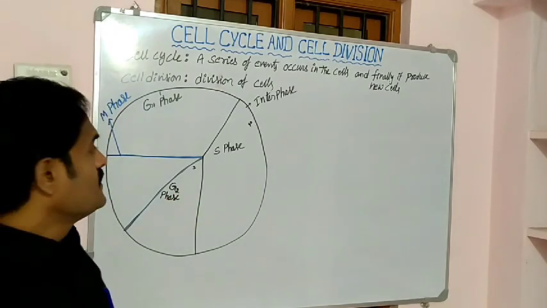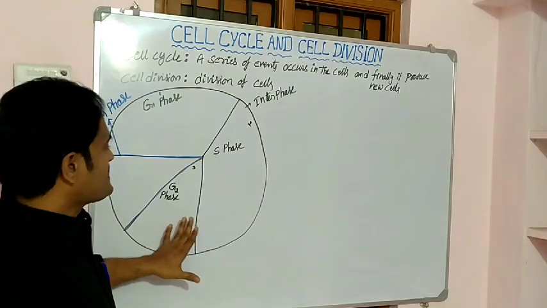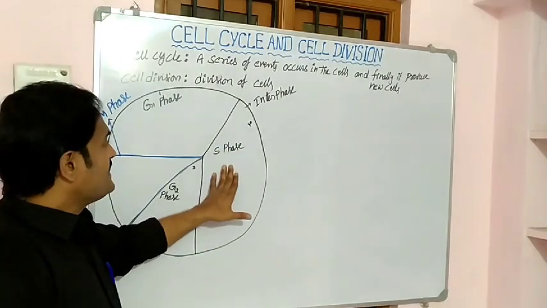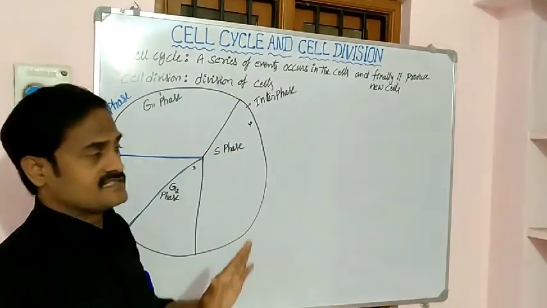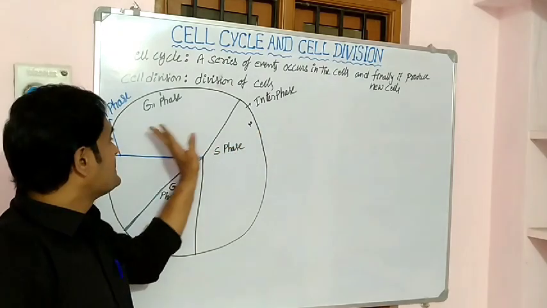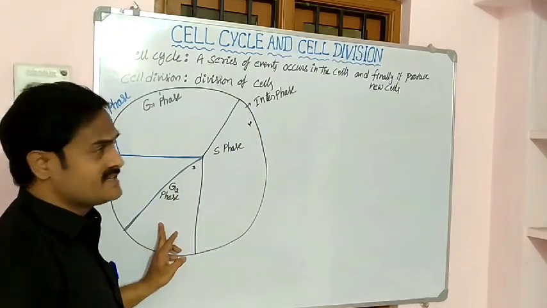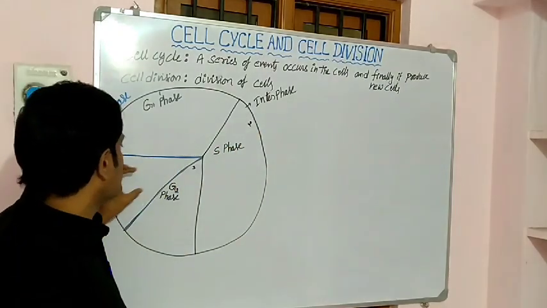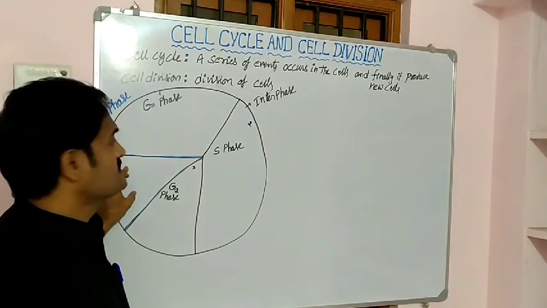Are you clear? So the whole cell cycle is divided into two major phases: the interphase, and the small portion which indicates the M phase.